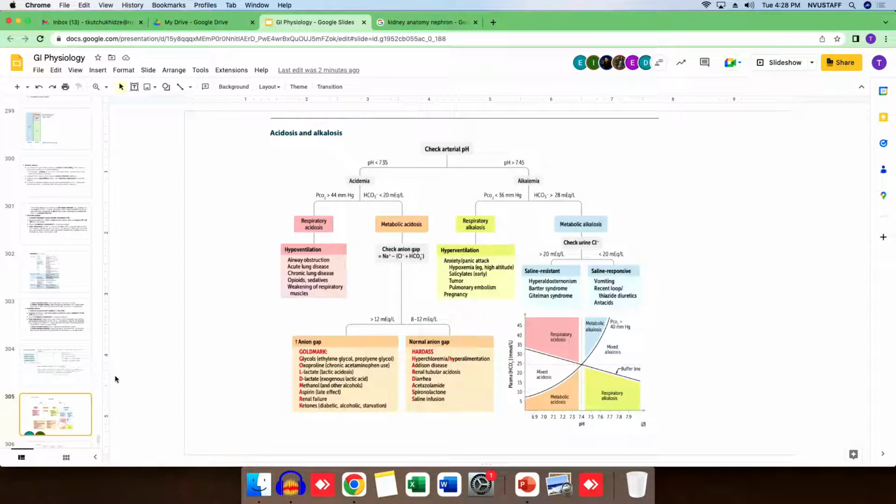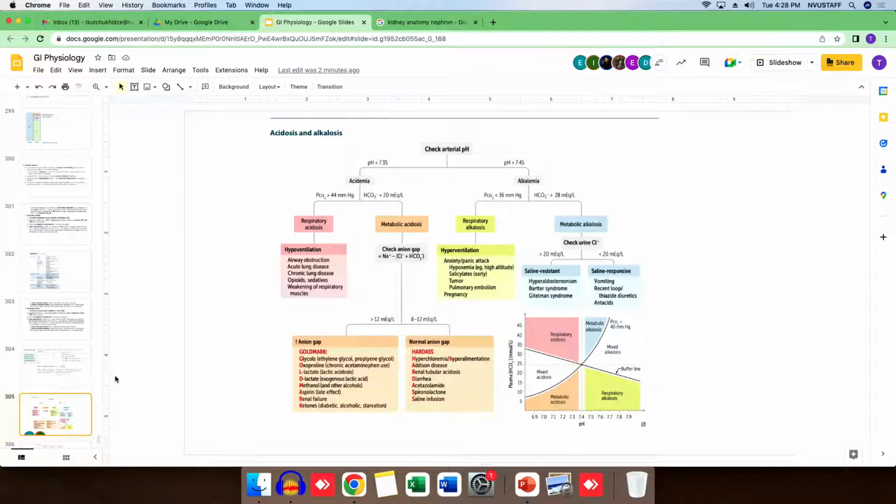It can be caused by pregnancy, panic attack, tumor, embolism, salicylate intoxication, or hypoxia.